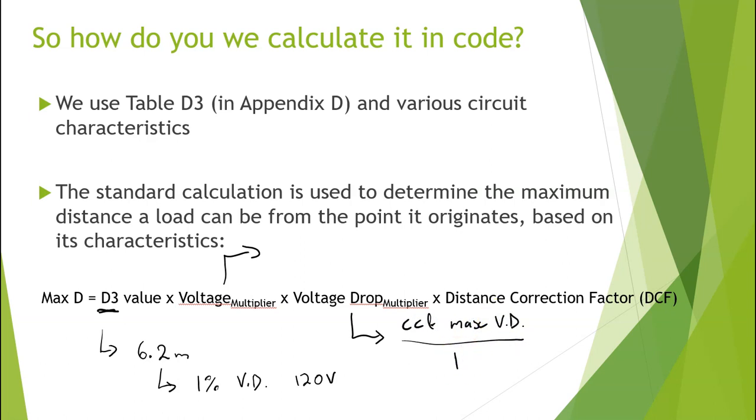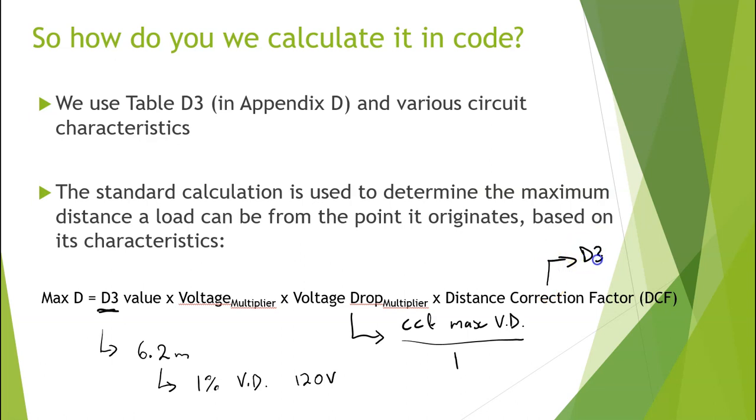If there is no specified maximum voltage drop, then we would go based upon the maximum voltage drop permissible by code, which is 3. However, it's quite possible that a question or a specification may actually limit us to a 2% voltage drop, and therefore it would become a 2 divided by 1 voltage drop multiplier, or simply a multiplier of 2.